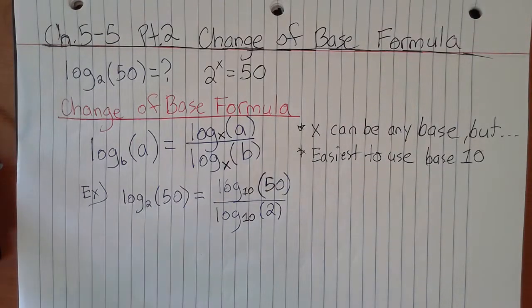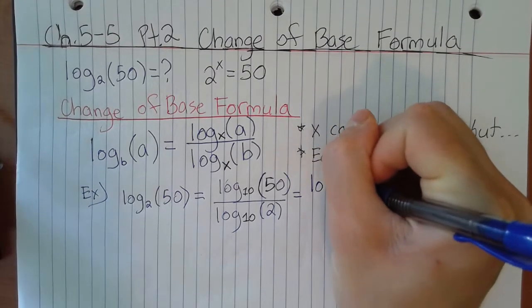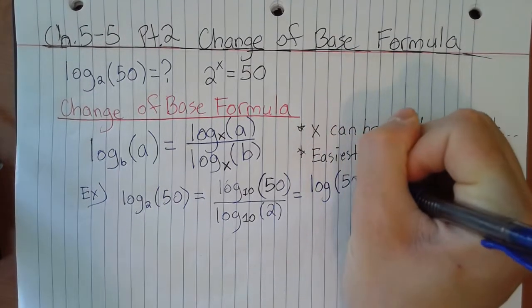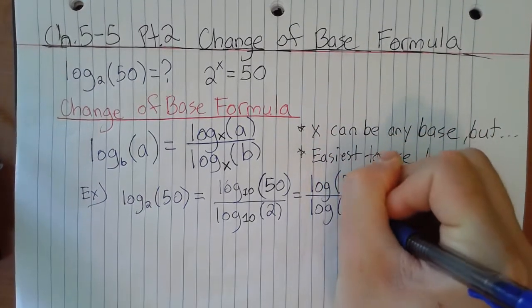And that would end up giving our answer. So what we're going to enter in our calculator is log button 50 divided by log button 2.